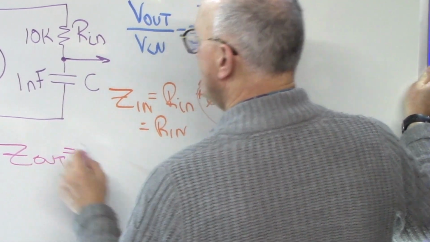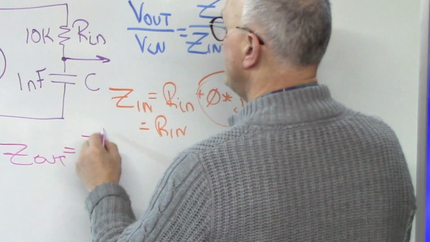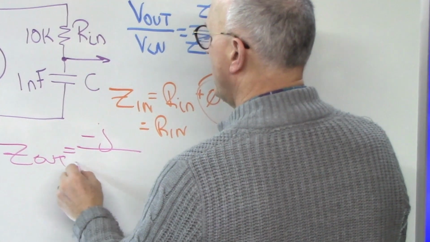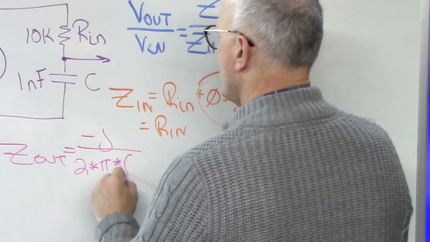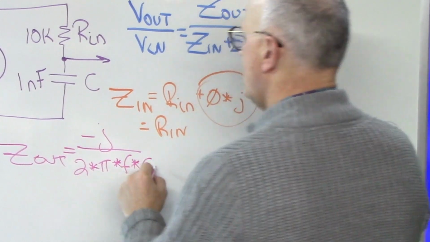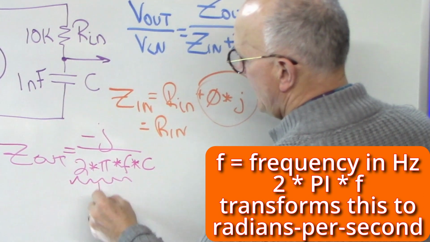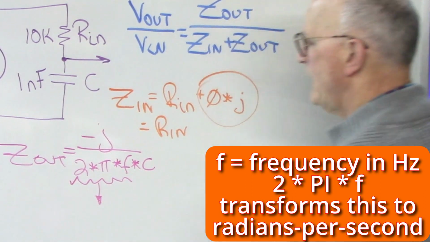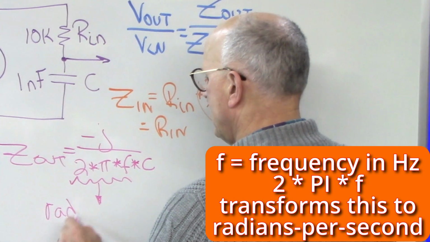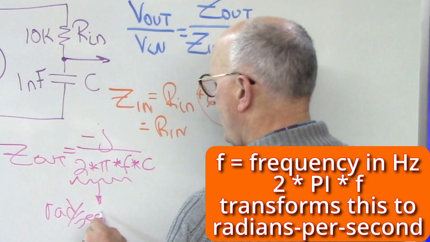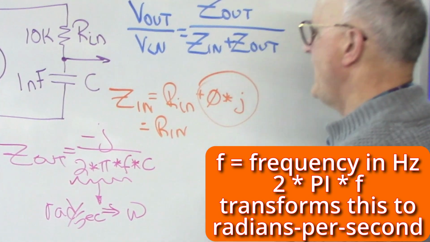The output entity is the capacitor here, so Z out is equal to the impedance of this capacitor, which is minus j divided by 2 times pi times f times C. But this entity right here, this 2 times pi times f, is the frequency in radians per second and is often represented by the lowercase Greek letter omega.